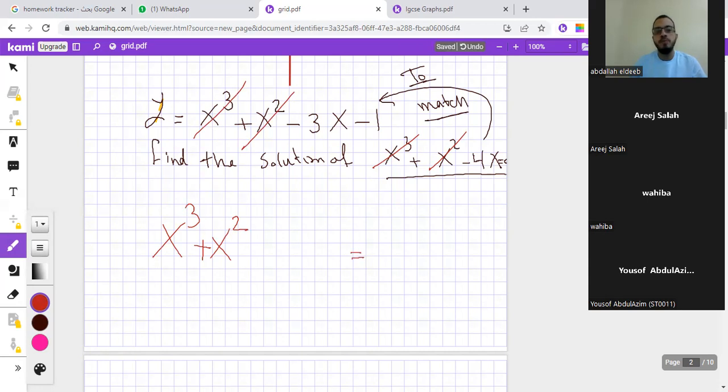Yes. How? If you have negative 4x, add x. So if you add x here, you have to add x here also, on the other side.